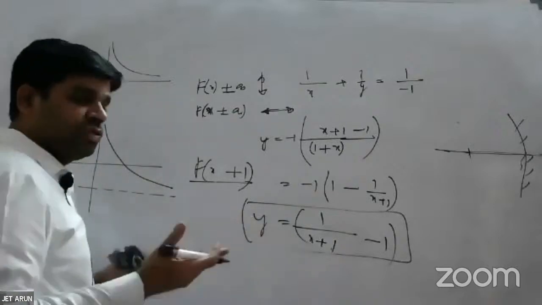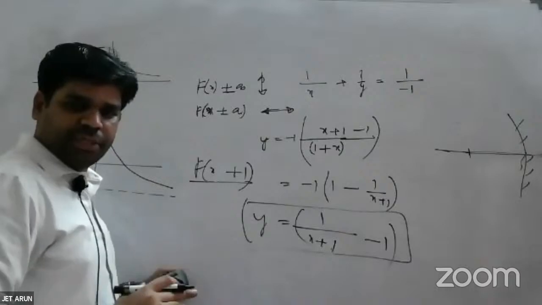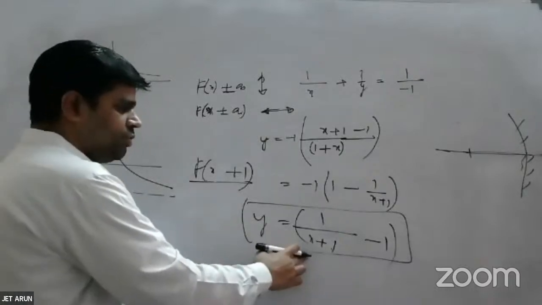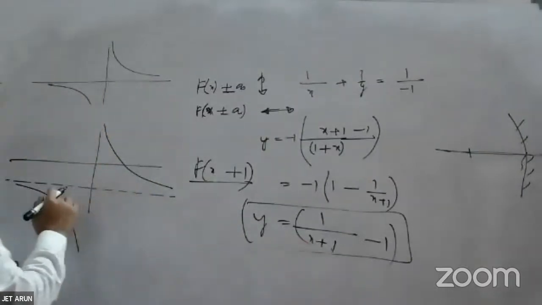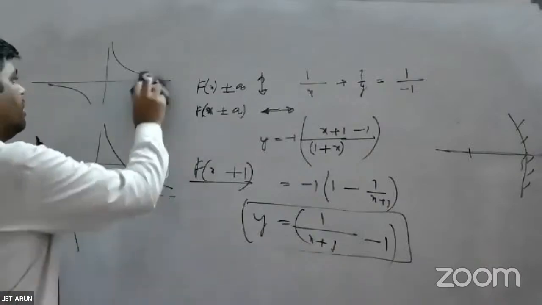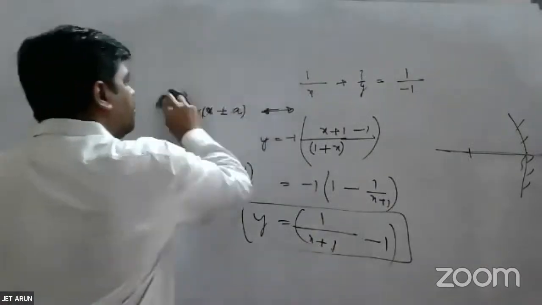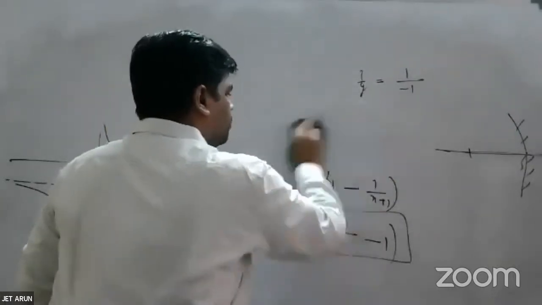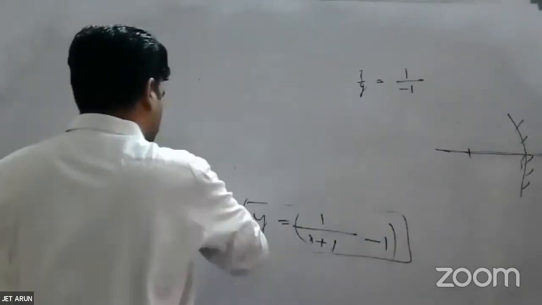I substitute x is equal to 0 just to check whether origin నుంచి pass అవుతుందా లేదా. So x is equal to 0 పెడితే y is equal to 0 వస్తుంది. So it is passing through origin. So yes. I'll erase this.